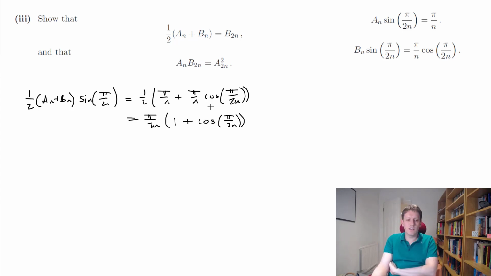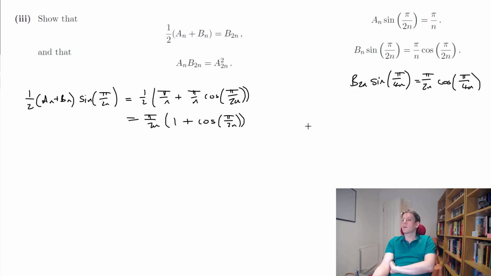And our target here is b2n. Now if I replace n with 2n in this identity, I get b2n sine pi over 4n is pi over 2n cos pi over 4n. So I've got something with cos pi over 2n, and I need something with cos pi over 4n, which is a half of pi over 2n. That makes us think of the double angle formulae.